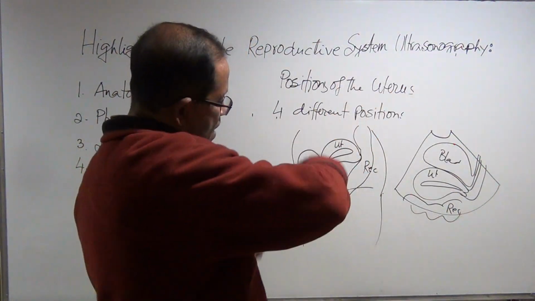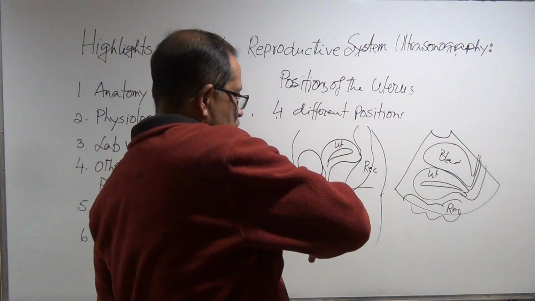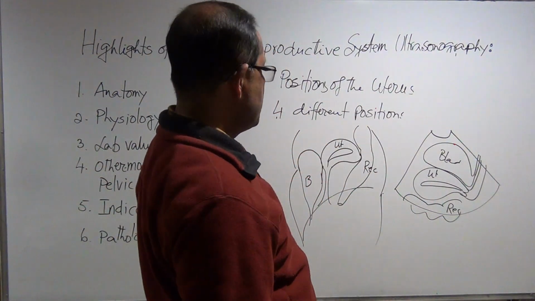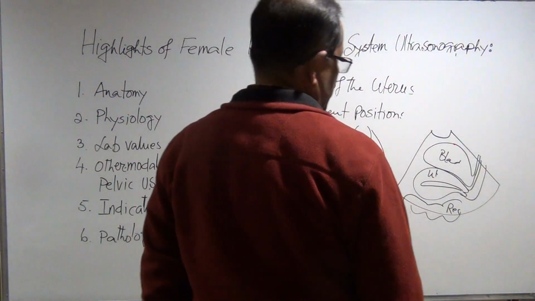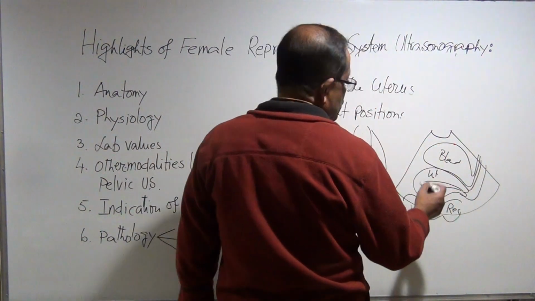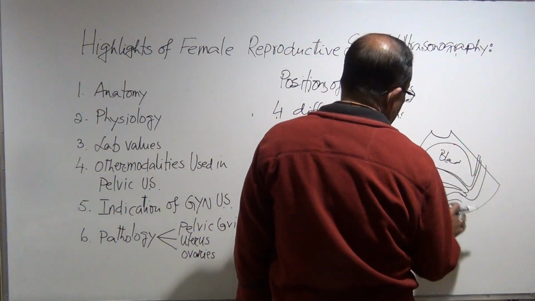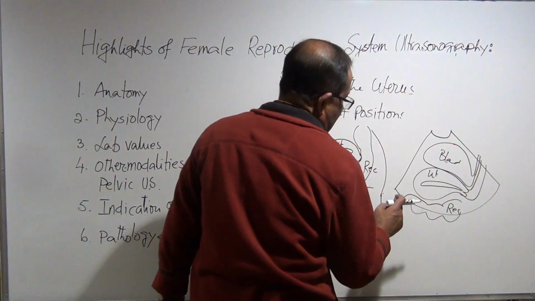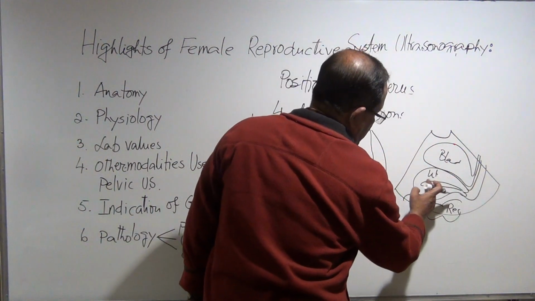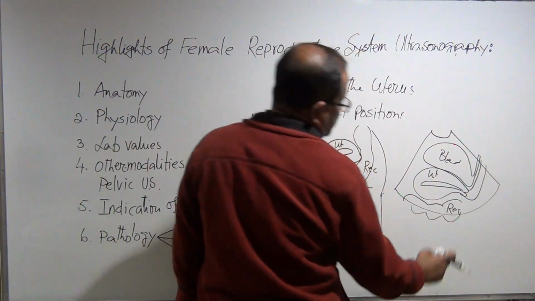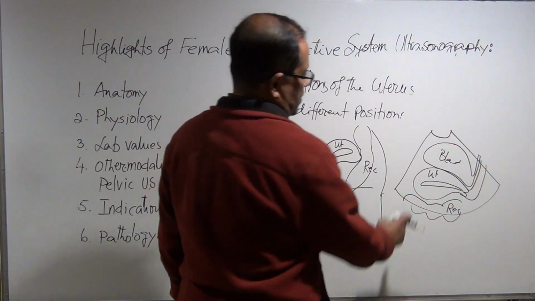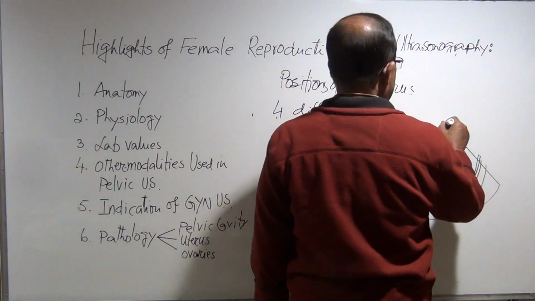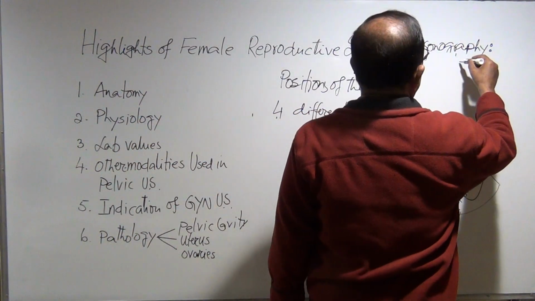The uterus is turning or curving, making a C towards the rectum. Just get the idea that the uterus, the fundus and body, is going towards the posterior.